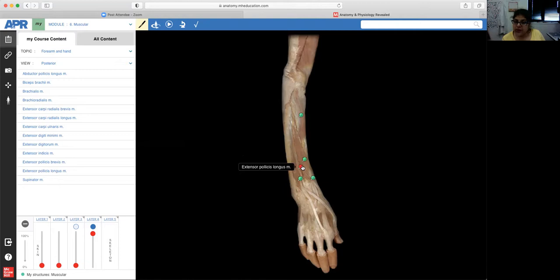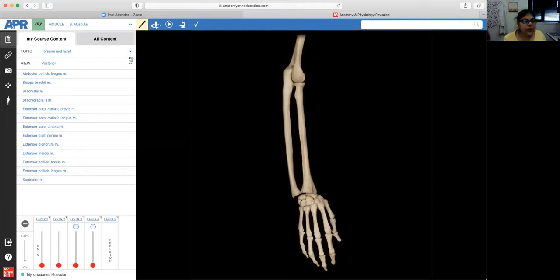Extensor pollicis longus, again, is related to the thumb, but it's a long muscle and it helps the extension of the thumb. Extensor indicis is for the index finger, and as you can see, it is attached to the index finger. Extensor pollicis brevis is a short muscle that does the same.